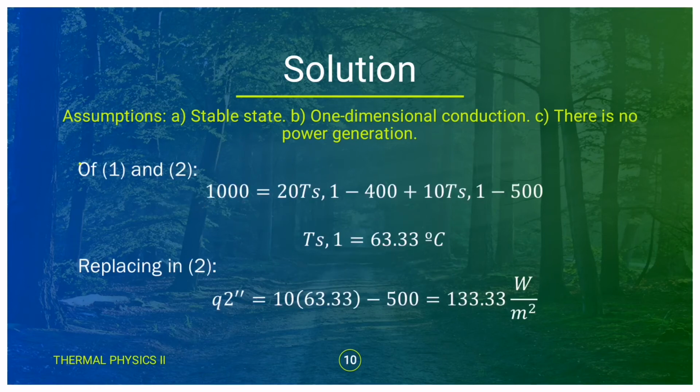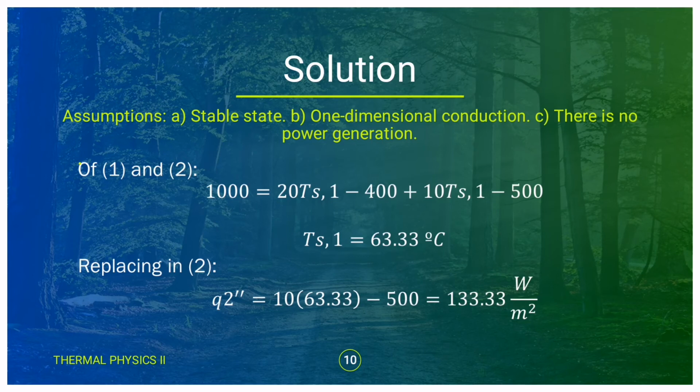So from equation 1 and equation 2, we have that 1000 equals 20 Ts1 minus 400 plus 10 Ts1 minus 500, and we get that Ts1 equals 63.33 degrees Celsius.